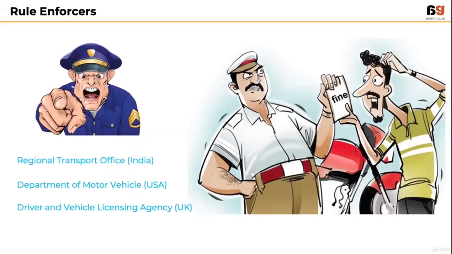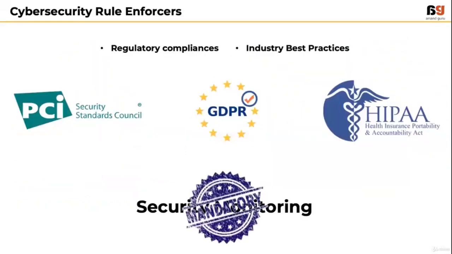Just like that, we also have people who do not like to put security in place in their products, out of laziness or carelessness or anything. So these rule enforcers have been instituted to ensure that products have security or follow standard compliance ways.